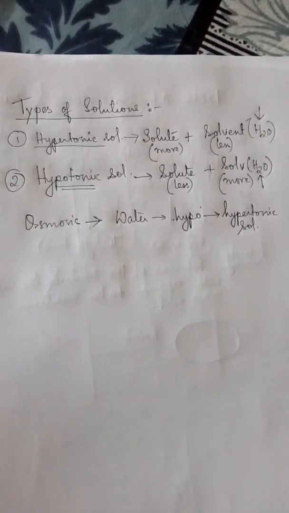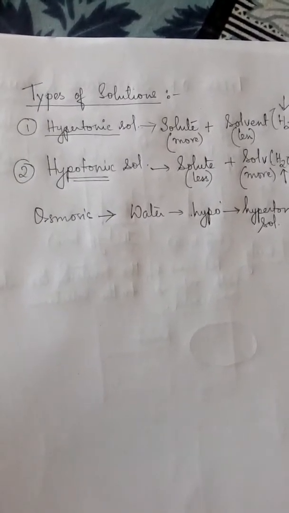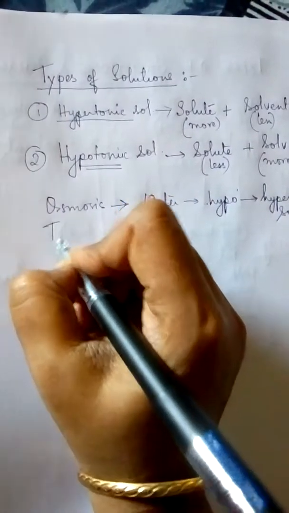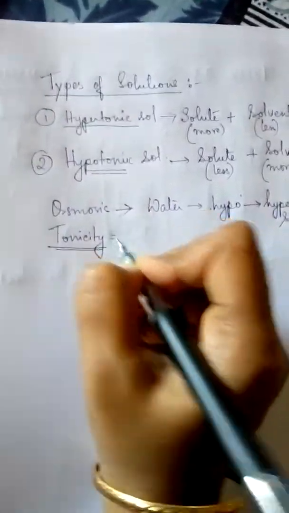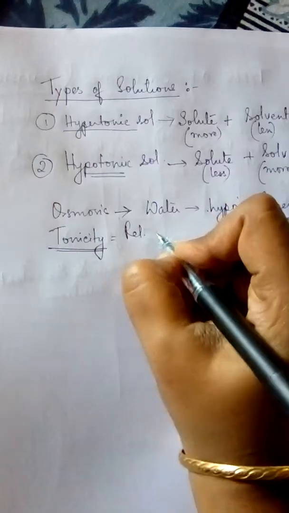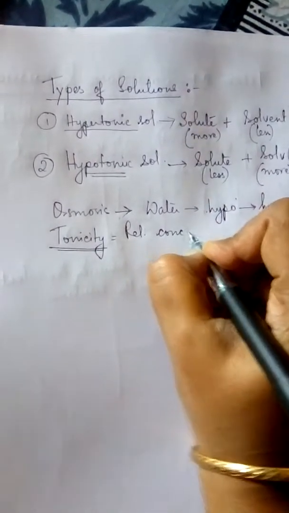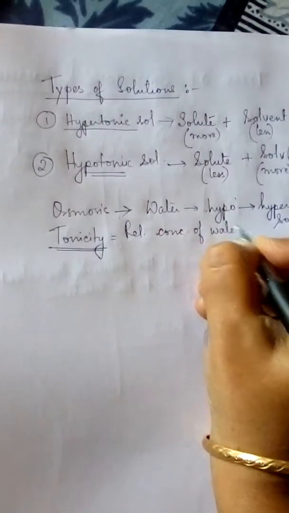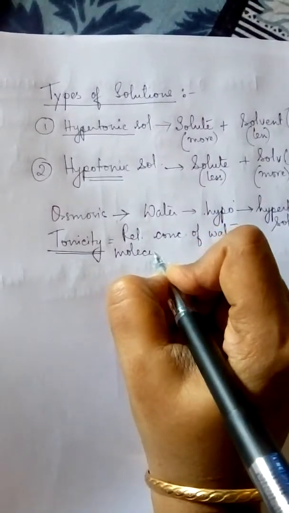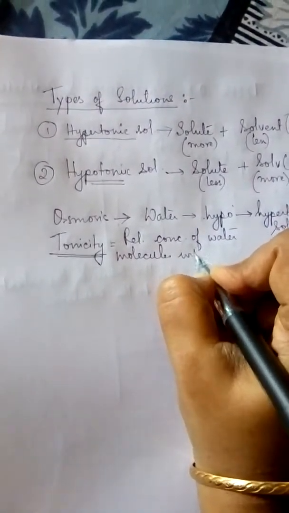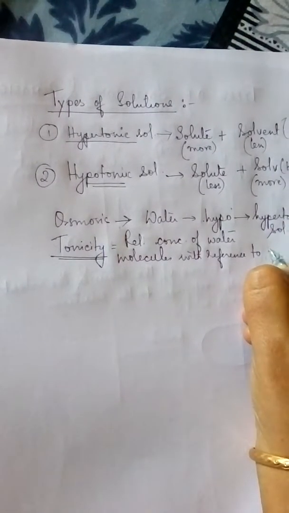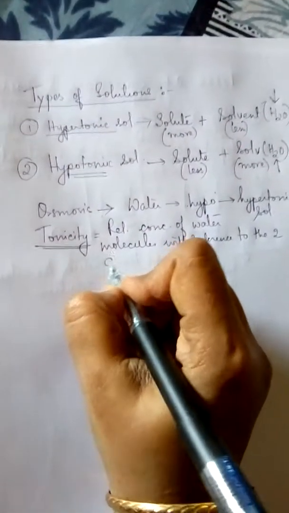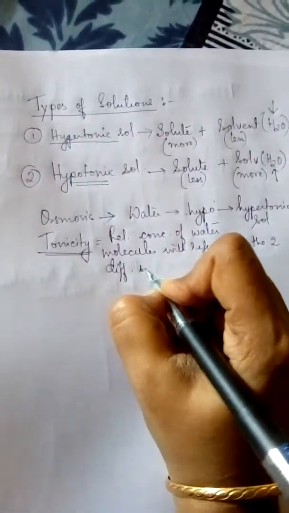So this was the hypertonic and the hypotonic solution. Now coming to the definition of tonicity. What do you understand by the word tonicity? Tonicity is the relative concentration of water molecules with reference to the two different solutions which we are considering.